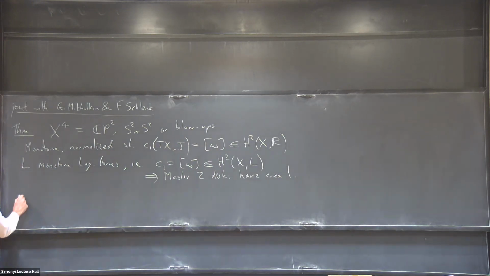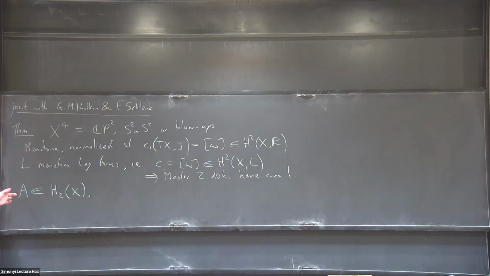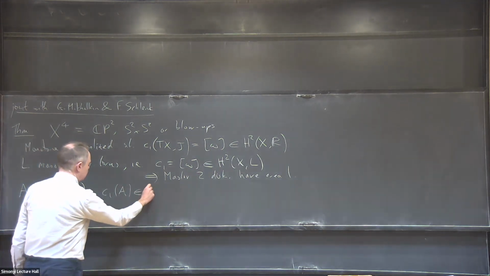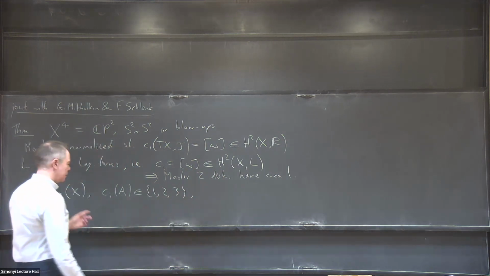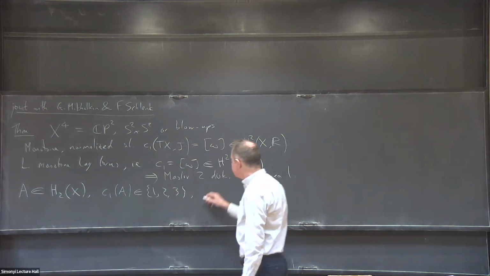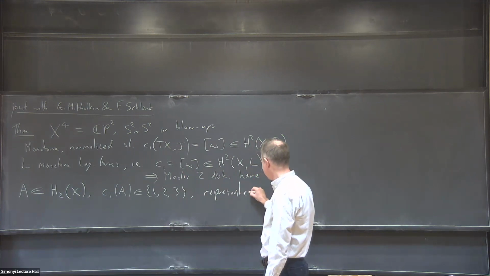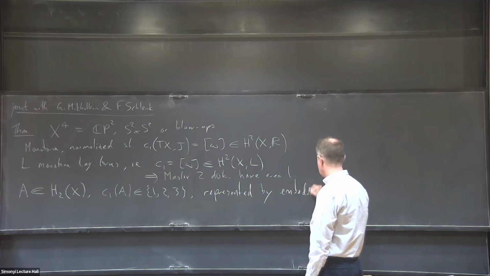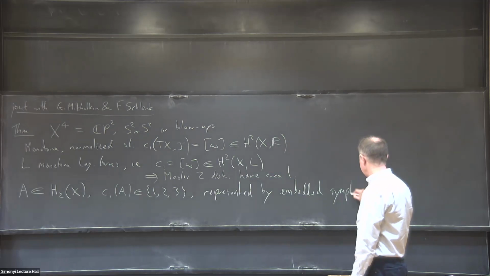Then A is a homology class here. I want to assume the Chern class of A is either 1, 2, or 3, and that it's represented by an embedded symplectic sphere.